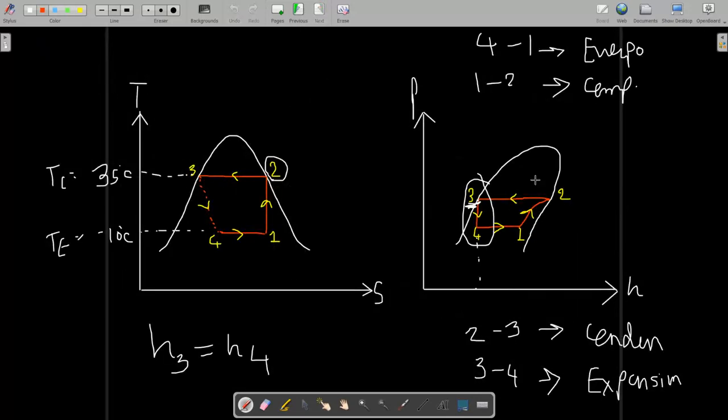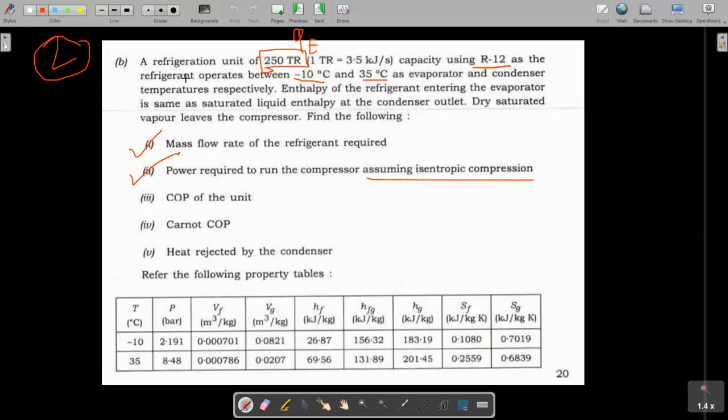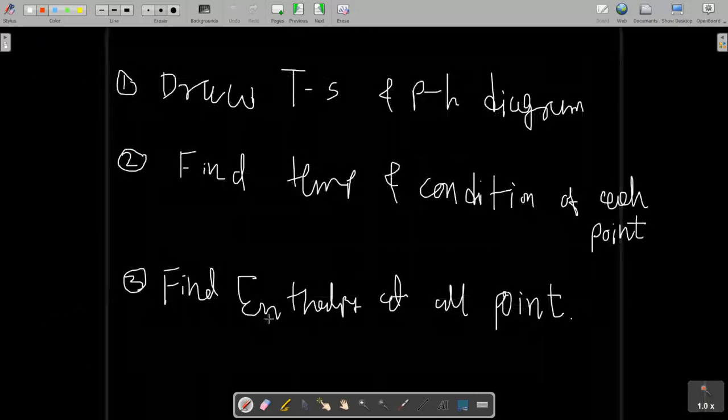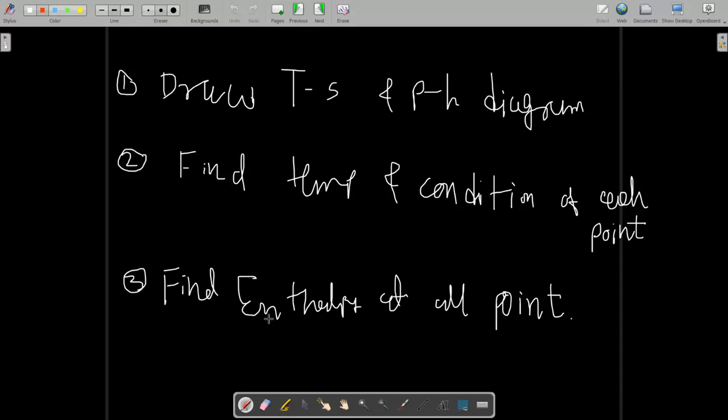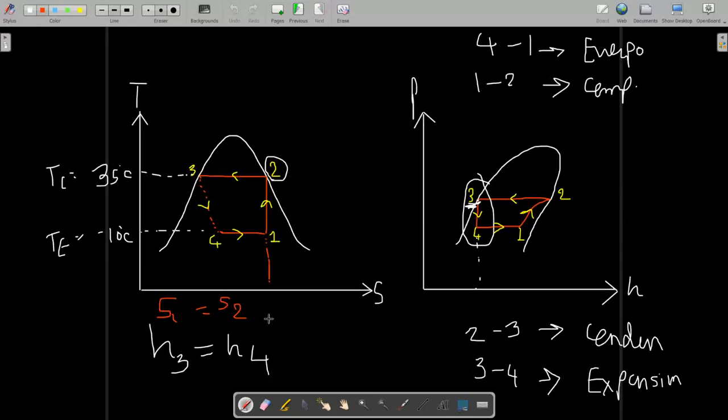Here we have taken a straight line because of isentropic compression, so entropy at point 1 is the same as entropy at point 2. Then the COP of the unit, the Carnot COP, and the heat rejected by the condenser. You can find all these 5 things if you know the enthalpy at all the points, and here the property table is given to us. I have already written on the page which properties we require.